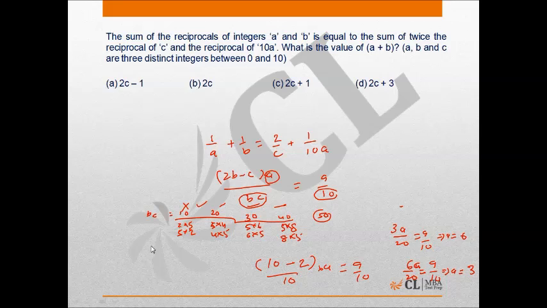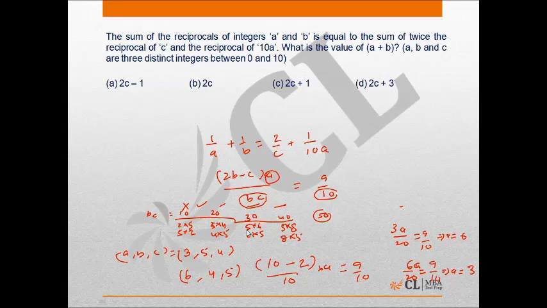In this case, there are two possible values for the ordered triplet A, B, C, and these are 3, 5, 4, and 6, 4, 5.